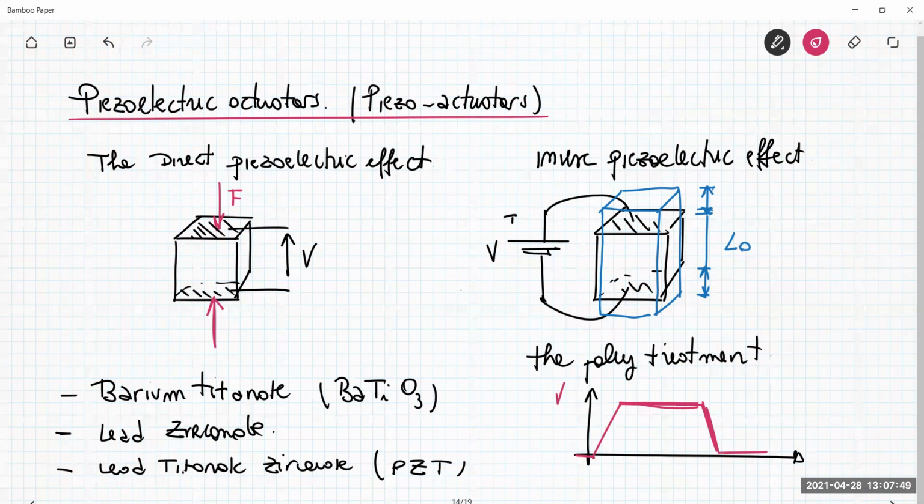Typically, the voltage which is applied for this poling treatment is just a unipolar voltage. It means that you apply, for example, just a positive voltage like in this figure.